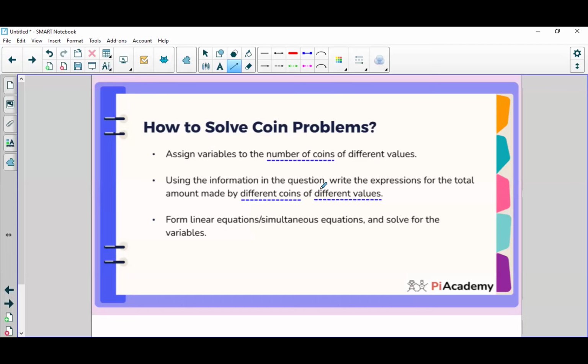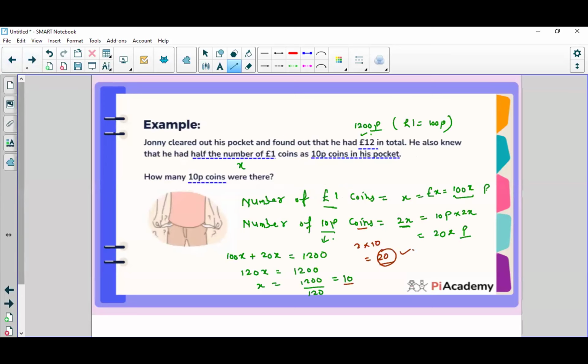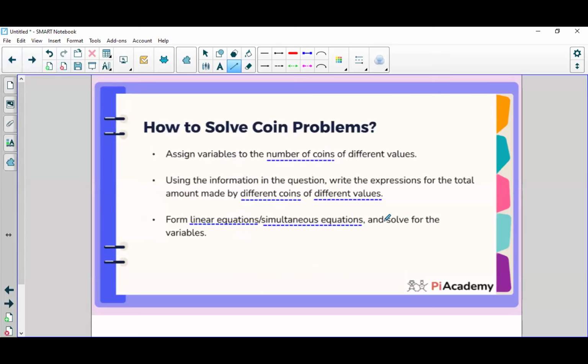Just multiply, find out the amount, equate it to the total amount, and then find the value of the variable. So form a linear equation or simultaneous equations, because in the previous one it was a linear equation, not a simultaneous one. Solve for the variable, and then substitute back for the coin it is asking the value of.